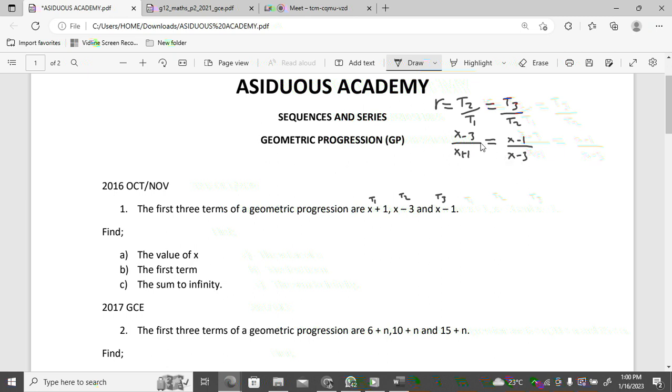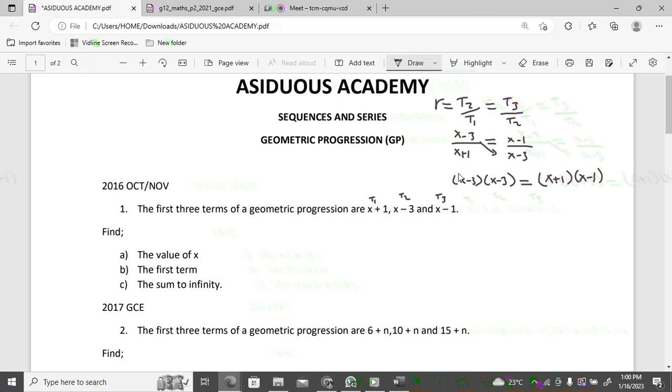And then from here, we start cross multiplying. We multiply this one, so that will be x minus 3 multiplied by x minus 3. And this is supposed to be equal to also multiply these others, that will be x plus 1 multiplied by x minus 1.